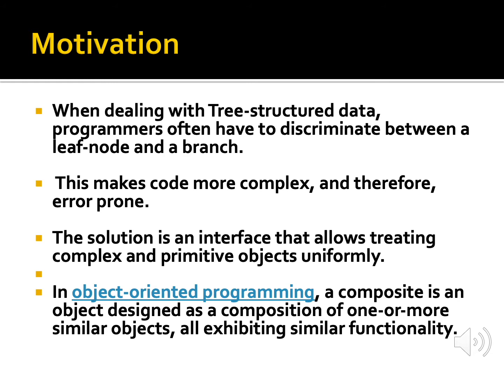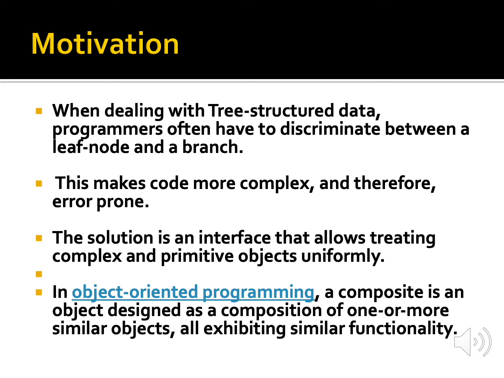They have to put some if and else if conditions: if the object is of composite type, then a certain operation should be invoked, and if the object is a leaf, primitive, or single, meaning it is not composed of other objects, a programmer can invoke a different kind of operation. So there is discrimination between leaf node and branch, and this makes the code more complex and more error prone, because you are keeping checks at every node and at every level.